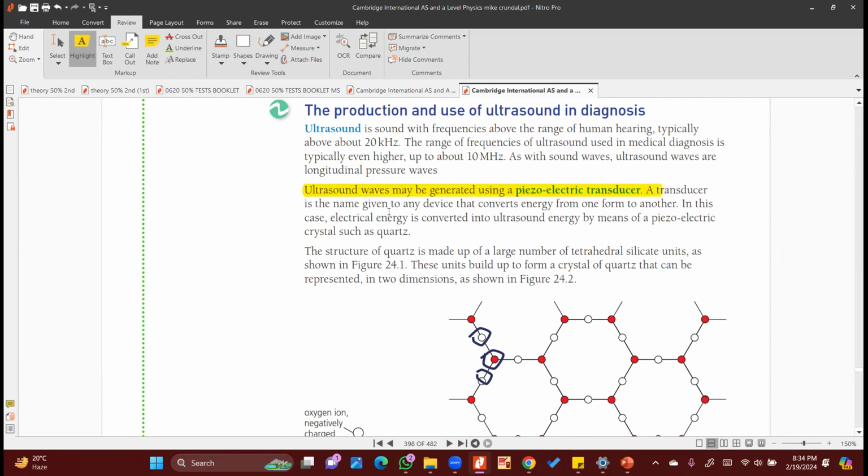A transducer is the name given to any device that converts energy from one form to another. If an electrical signal is given to it, like microphones and speakers: microphones convert our sound into electrical signals, and speakers convert electrical signals back to sound, so they are also transducers. So a transducer is any device which converts one form of energy into another. In this case, an electrical signal is converted into ultrasound energy by means of a piezoelectric crystal such as quartz.